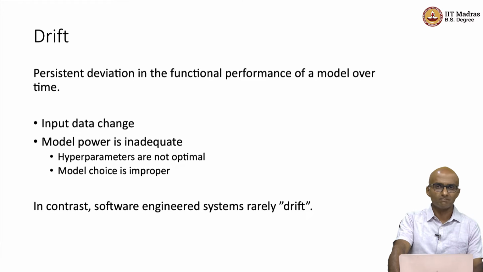If regression testing has passed, which means the behaviors have been consistent, you would not expect the software to magically stop behaving correctly for functional reasons. So that's what makes this different from conventional software engineering.